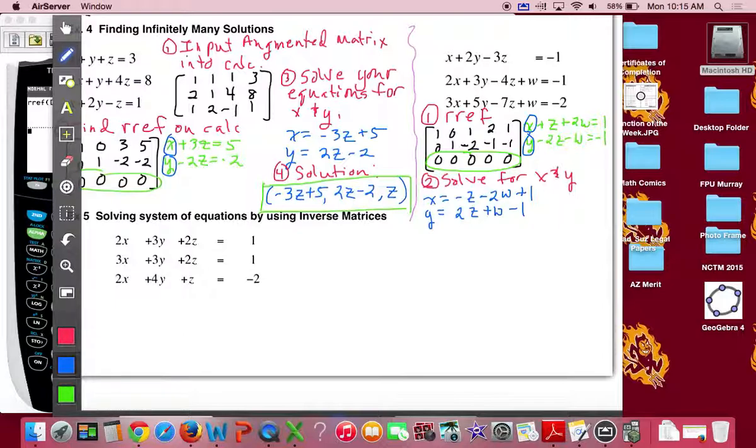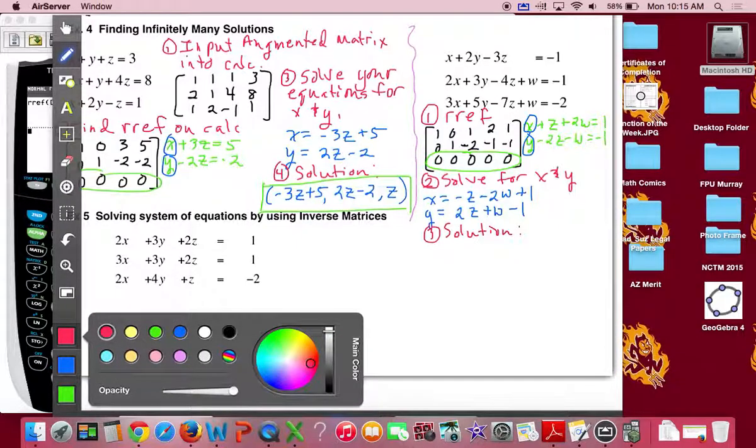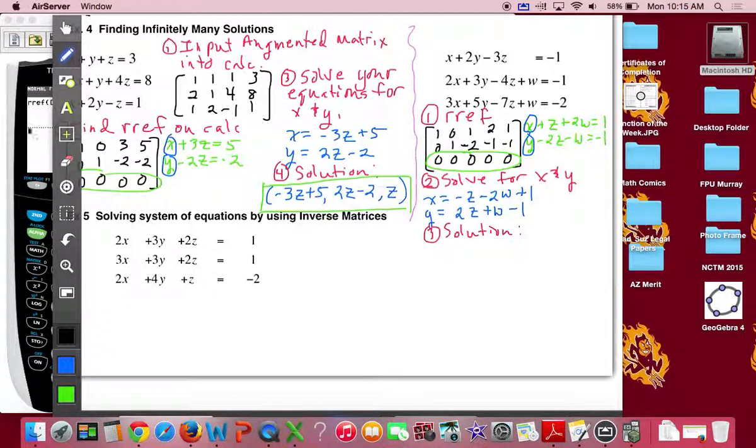So here's our solution. We're going to write it in alphabetical order. So our x value is negative z minus 2w plus 1, comma.